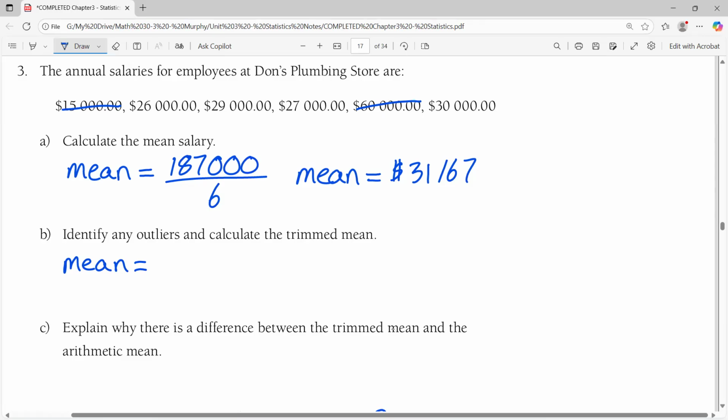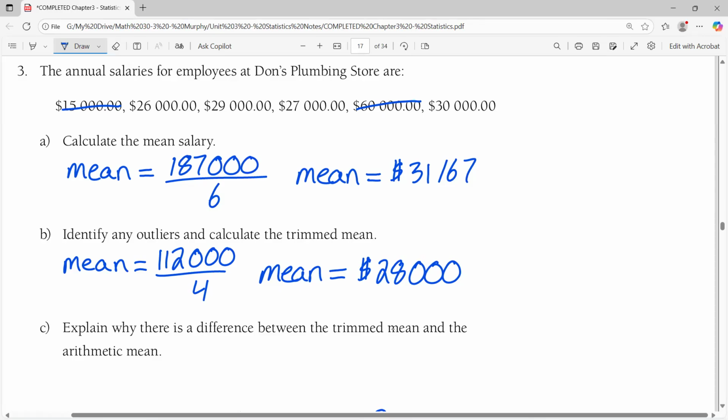So it didn't really matter if you started at the low end or the high end on that one. That leaves 26, 29, 27, and 30. So 112,000 divided by 4 comes out to 28,000.